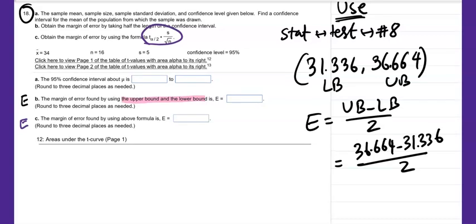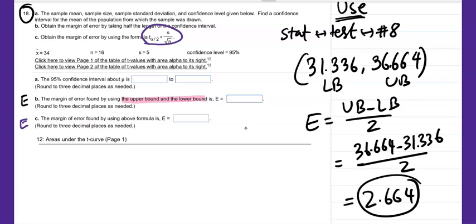If you subtract and divide, you get the margin of error is 2.664. So this is the answer for part B, 2.664.